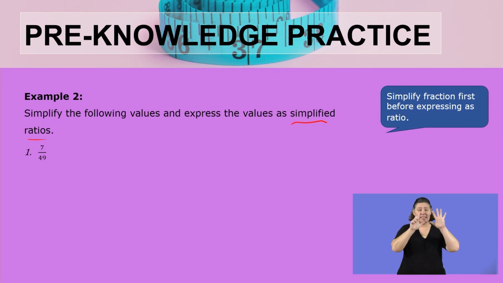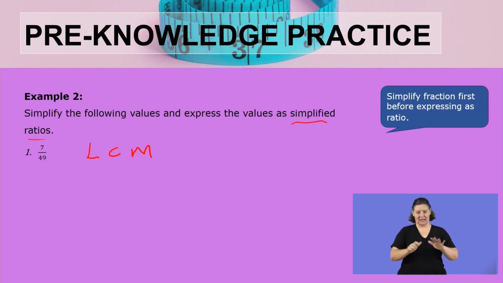Remember, when you have 7 divided by 49, we are looking for the lowest common multiple. A number which is divisible by 7, and on both sides, if you check, 7 is divisible by 7. 49 is also divisible by 7. Therefore, 7 is our LCM.